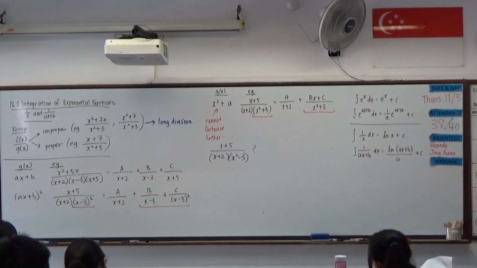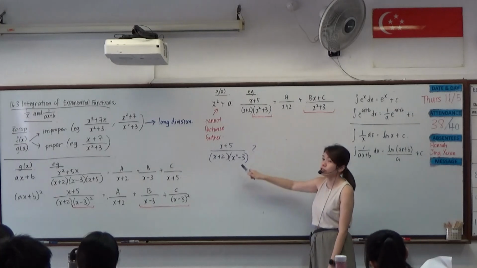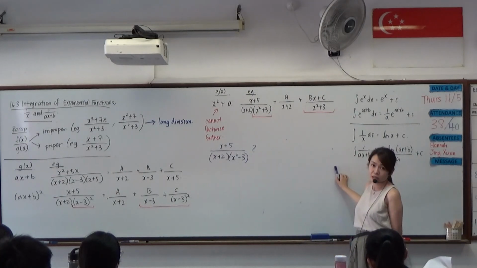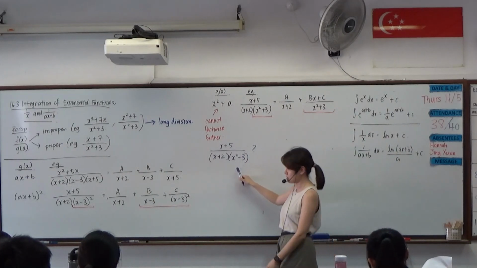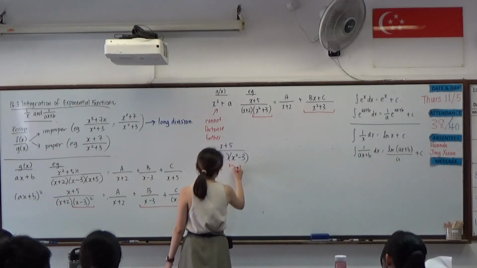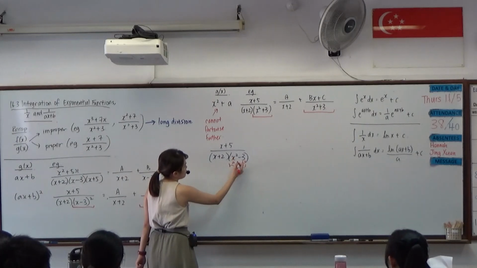What if I have x plus 5 over x plus 2 and x squared minus 3? Slightly different. This one is plus 3, this one minus 3. What kind of partial fractions is it going to be? We need to recognize that x squared minus 3 can be factorized. How we factorize it is that we recognize a squared minus b squared.